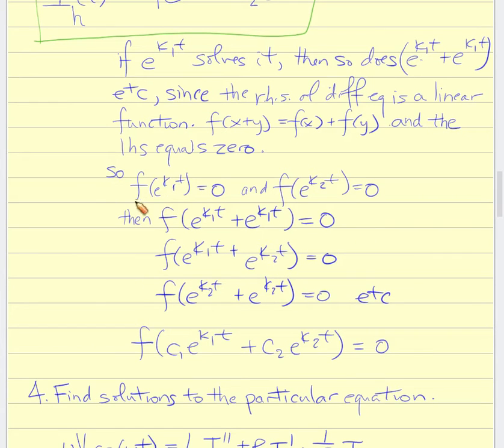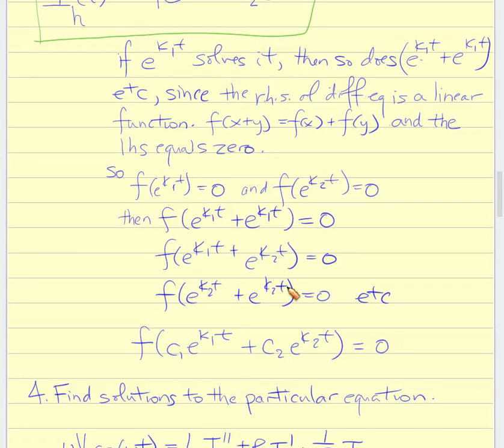And this is just listing what we have. Either k1t is a solution, either k2t is a solution. That means we can add e to the k1t to itself any number of times and have a solution. We can have k1 and k2 added together to be a solution, or we have k2 added to itself any number of times to be a solution.